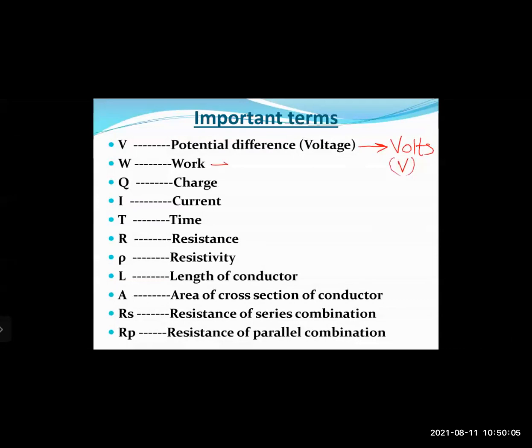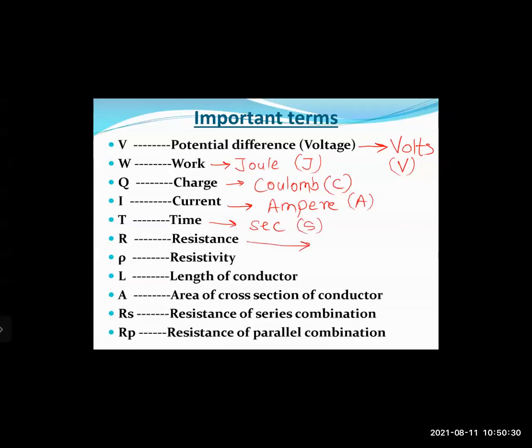Then the work done is given by joules, capital J. Then the unit for charge is coulomb, given by capital C. Then current is given by ampere, capital A, right? Then time is seconds, given by small s.